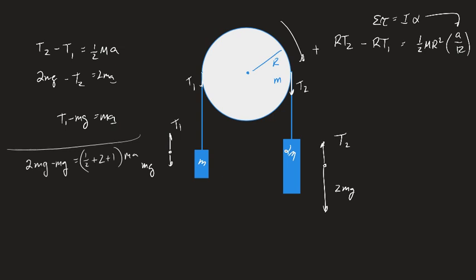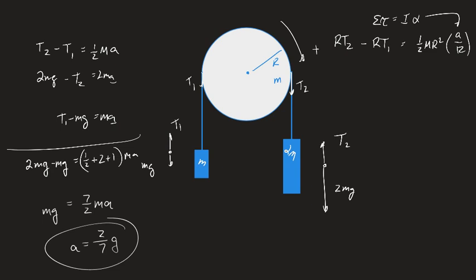So it looks like I have mg equals 2 plus 1 is 3, plus 1/2 is 3.5, or 7/2 ma. Cancel the m's. a is going to be 2/7 g. Yep, which is B and not C.